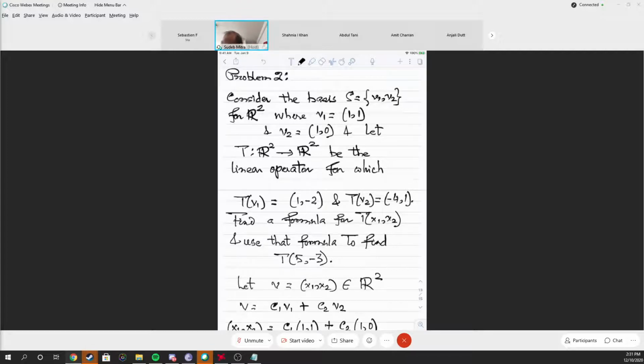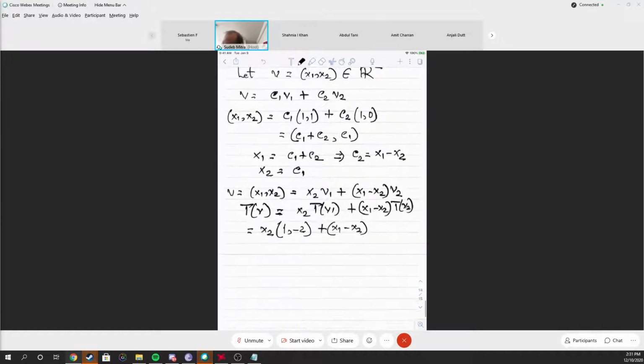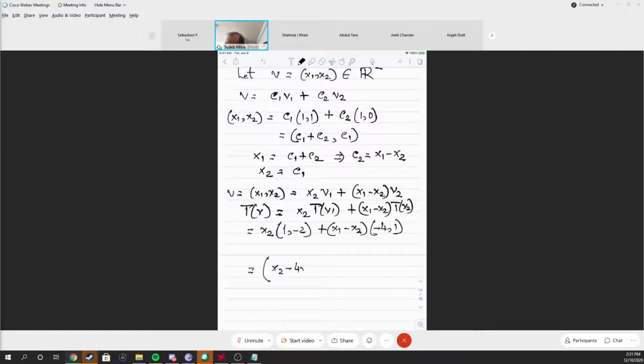TV2 is minus 4, 1. So that is equal to x2 minus 4x1 plus 4x2, comma, minus 2x2 plus x1 minus x2. So that is 5x2 minus 4x1, comma, x1 minus 3x2.